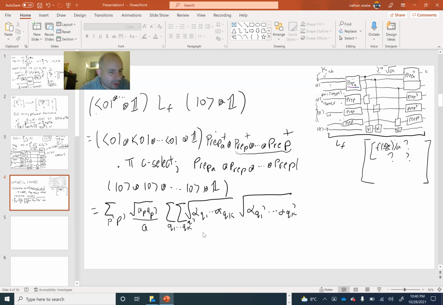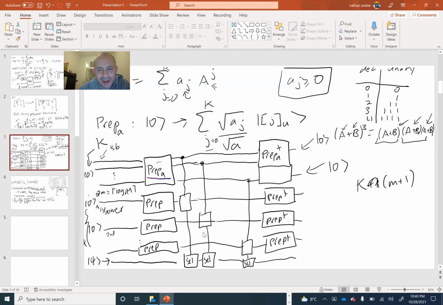Now, the states are going to be of the form P prime sub U. And this is just, again, the unary encoding of the state prep A acting left, because we defined prep A to always give the unary encoding rather than a decimal encoding.